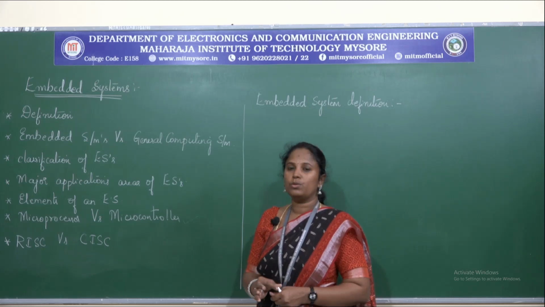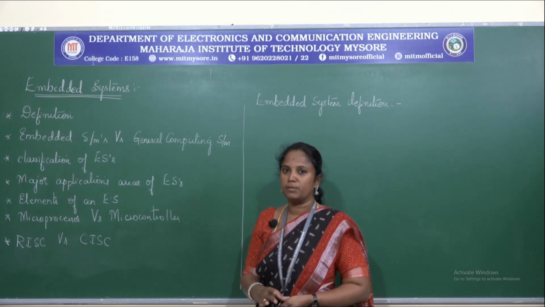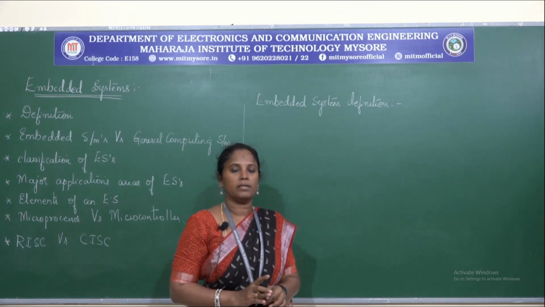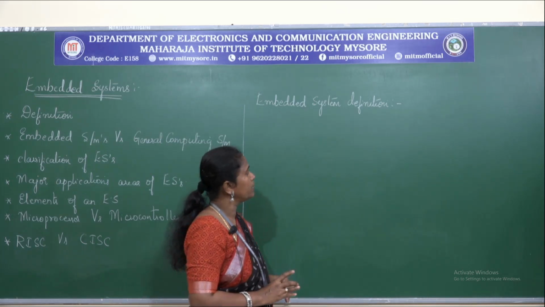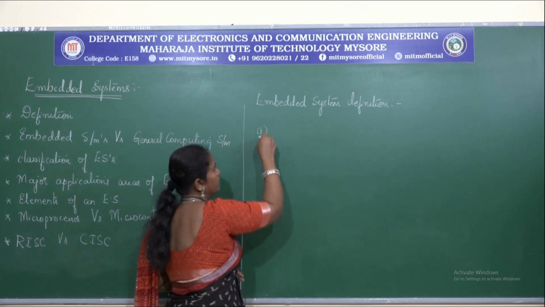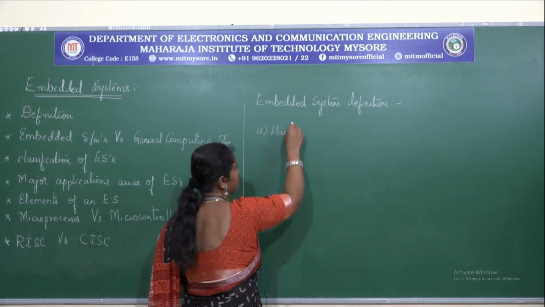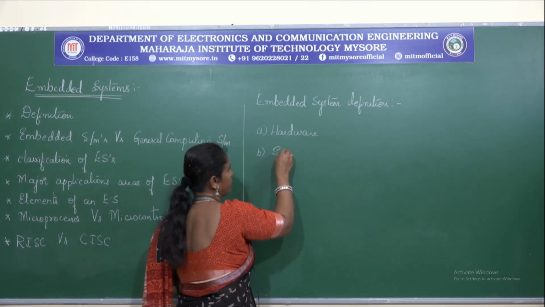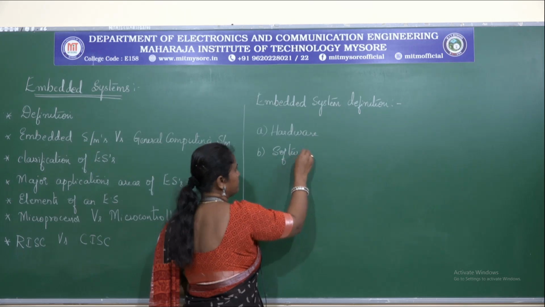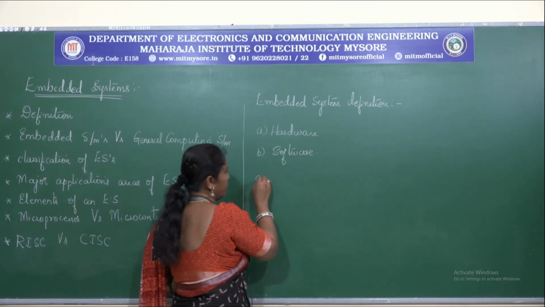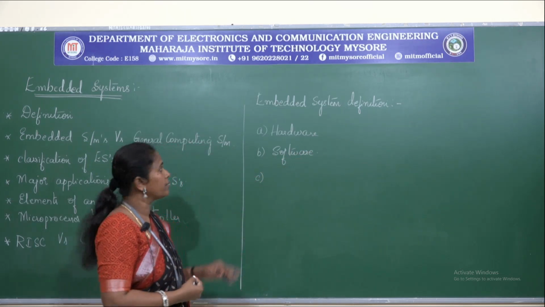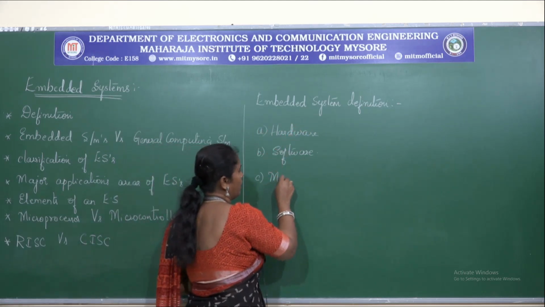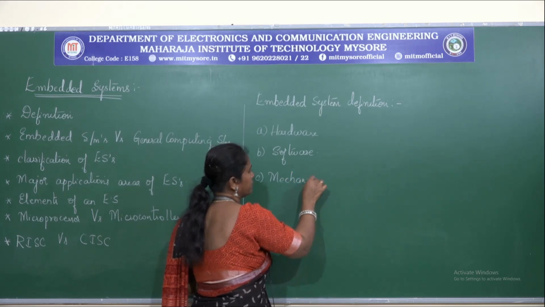Now let us see the definition of an embedded system. An embedded system is a system which consists of hardware and software, and the most important component of an embedded system is a mechanical device.